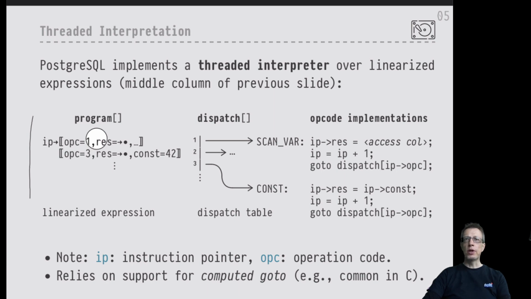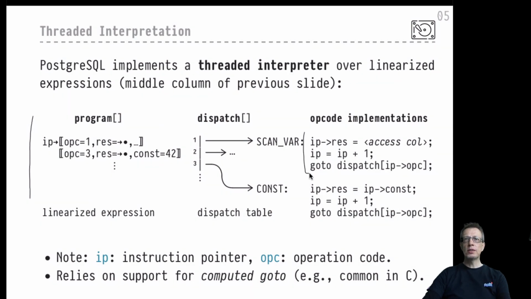In the dispatch array at offset 1, opcode 1, we would find a pointer to a routine, a pointer to a function inside our C implementation. In this case, it would be the scanvar function. And we would find the code that is part of the scanvar function. This would be just a simple representation of the code of the scanvar function, the function that accesses the value of one particular field in our rows. Okay, so let's have a look at what scanvar does for us.